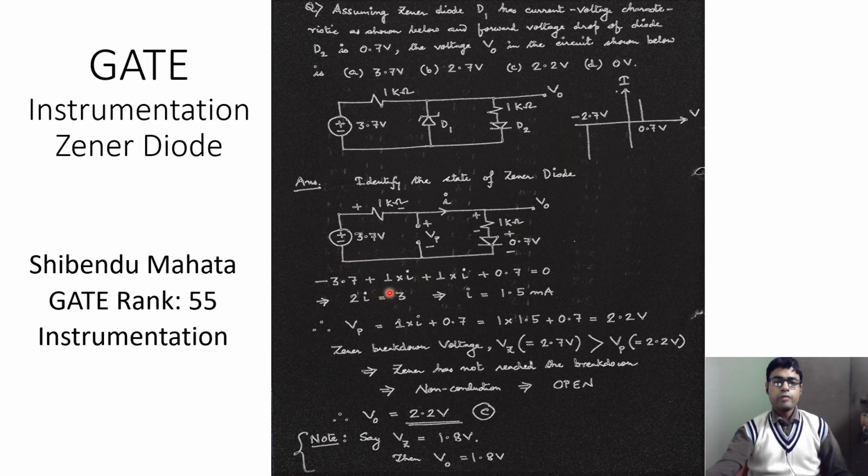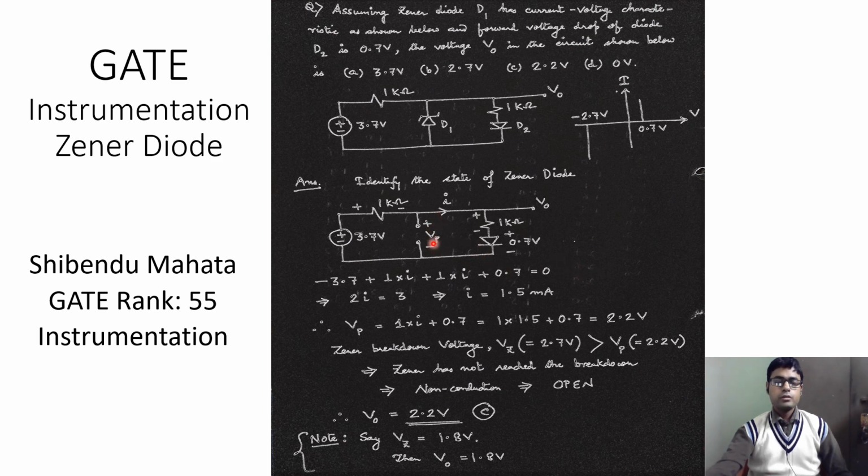Instead of writing 1 kilo ohm, we can take the resistance in units of kilo ohm, so that the current i comes out in units of milliampere. Solving this equation gives i equal to 1.5 milliampere. So the current that flows through this loop is 1.5 milliampere.